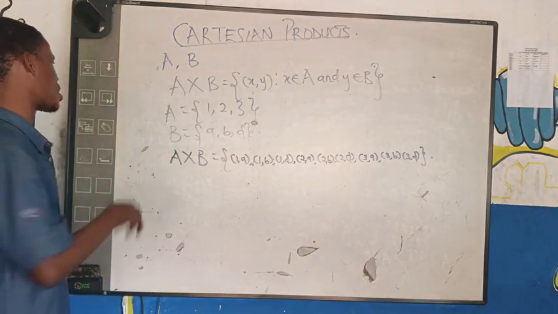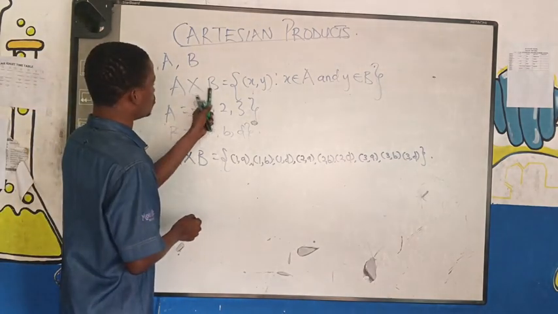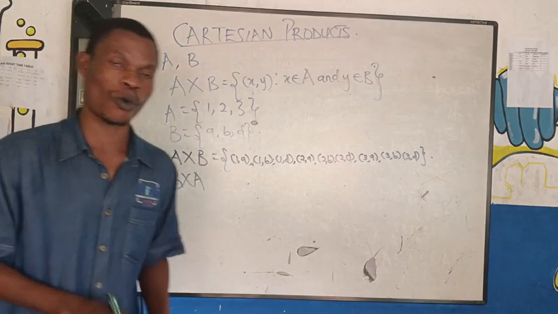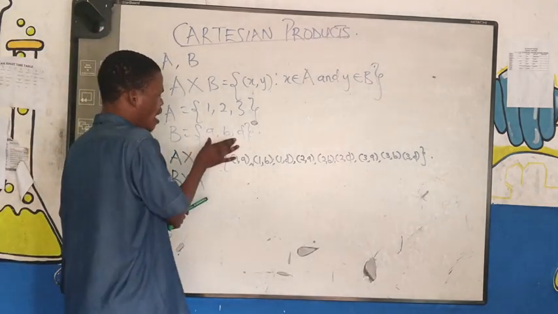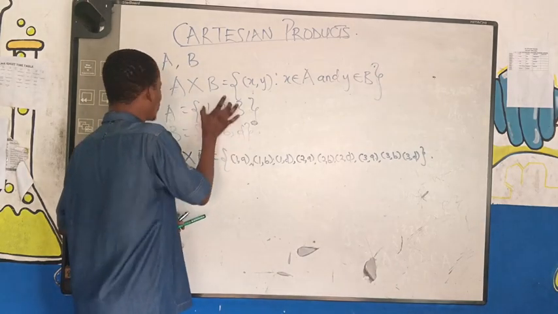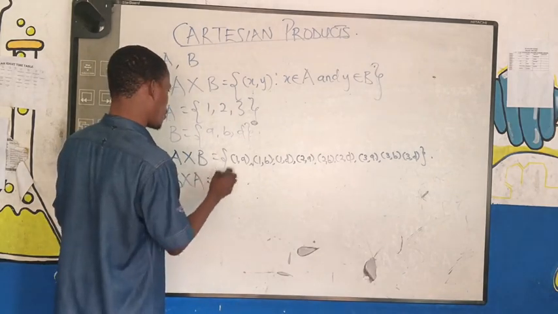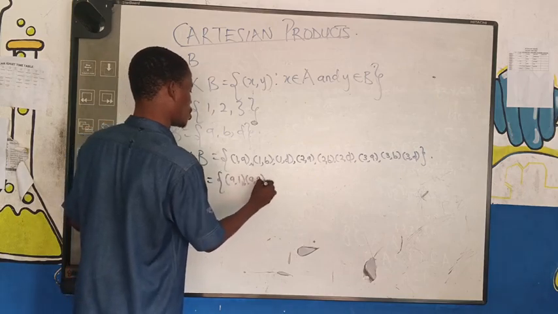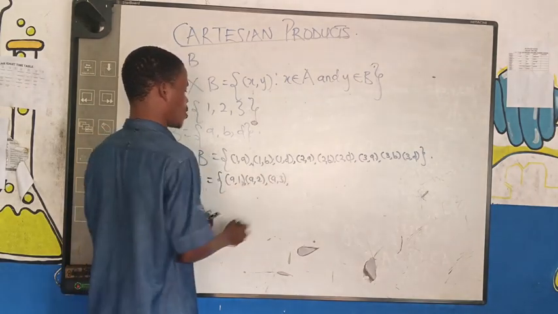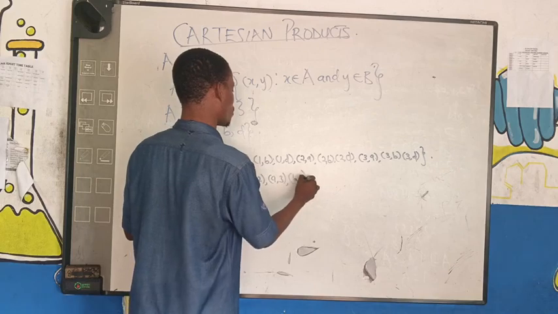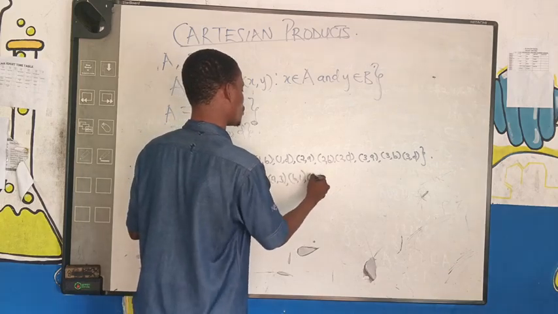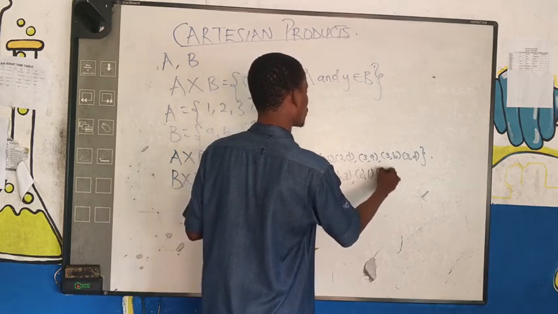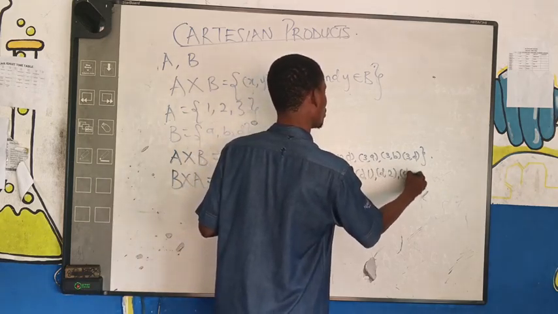Now please note, the Cartesian product A cross B is always different from B cross A. Again, the Cartesian product operation is not commutative. Let me show you. The other is going to be B being paired to A. In that order, a can be paired to 1, a to 2, a to 3, or b to 1, b to 2, b to 3, or d to 1, d to 2, d to 3.